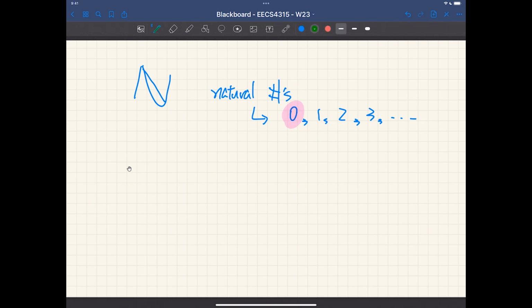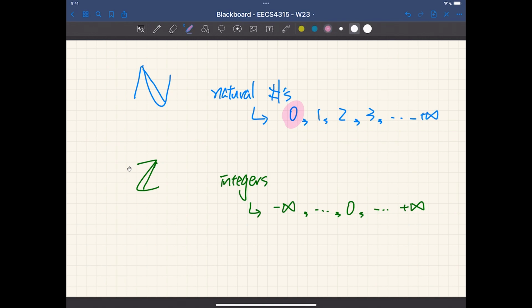And also we have integers, like Z. That will be integers, basically minus infinity all the way to 0 and all the way to plus infinity, conceptually. And it also includes 0.